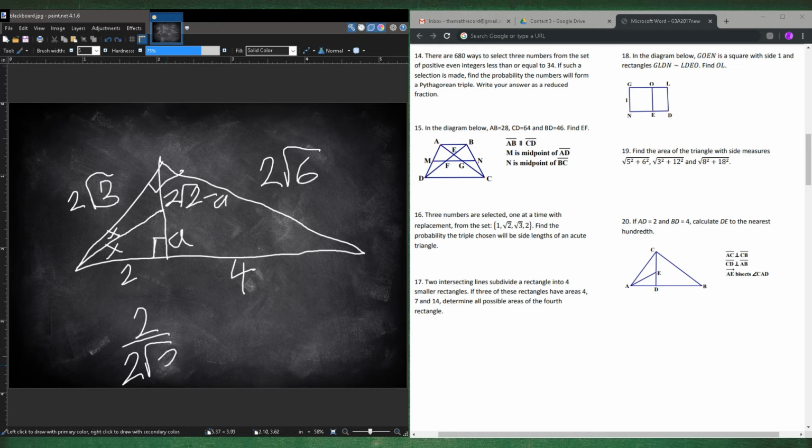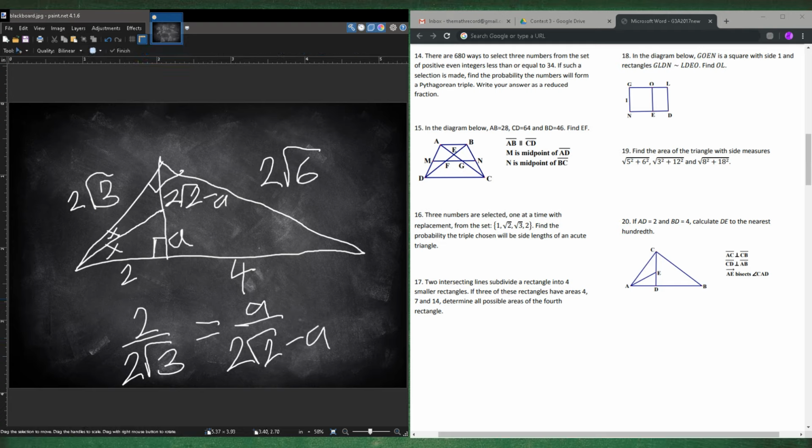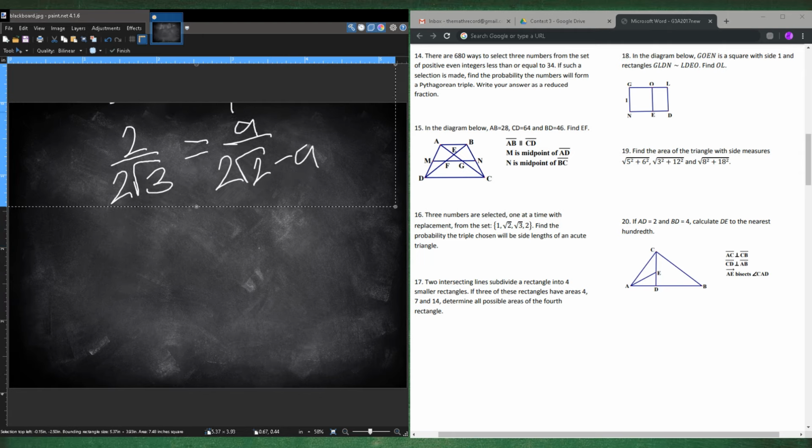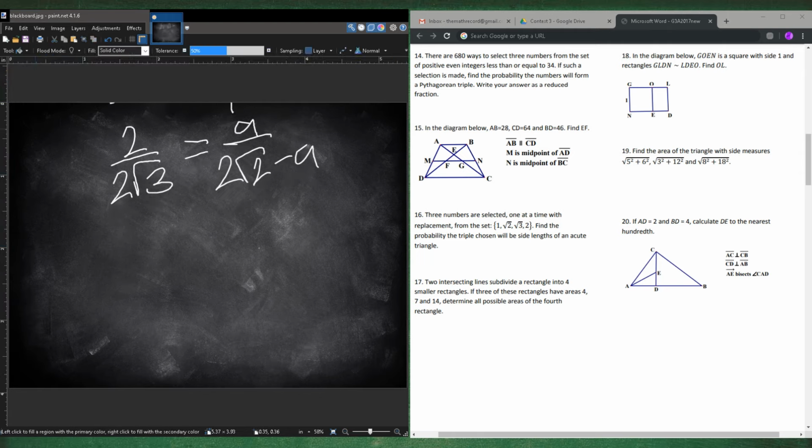Using the angle bisector theorem, basically 2 divided by 2 square root 3 is equal to A divided by 2 square root 2 minus A. And now we just need to solve this equation.